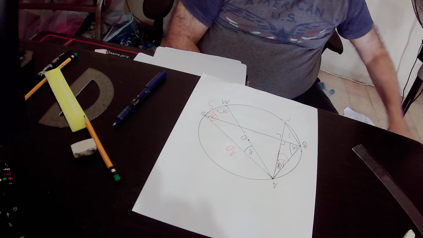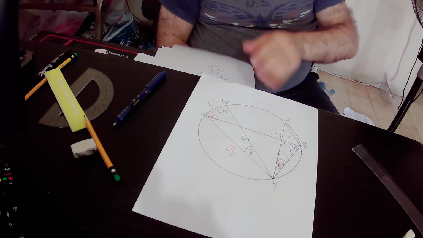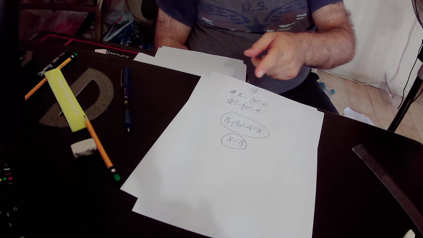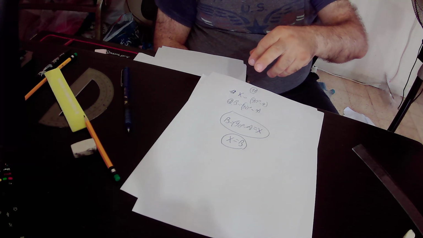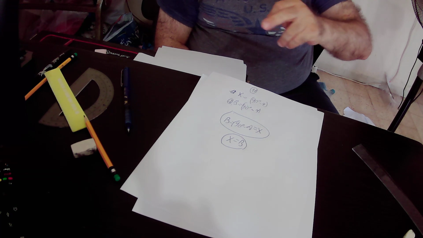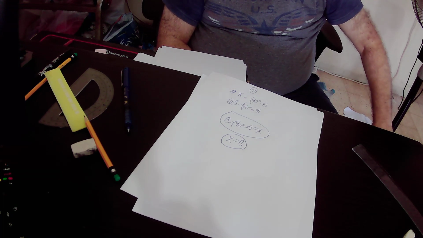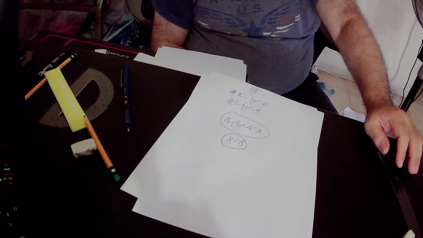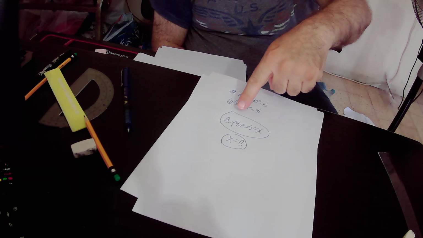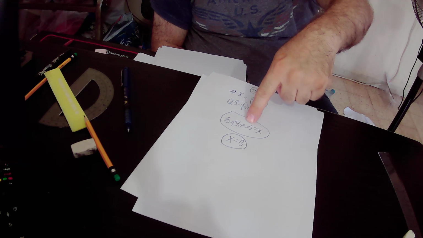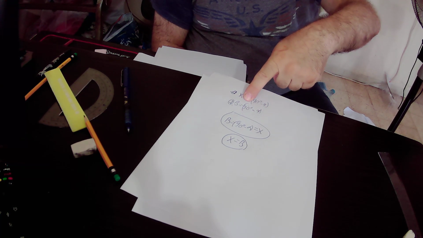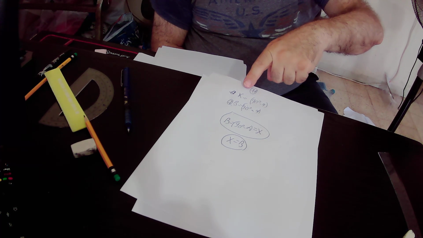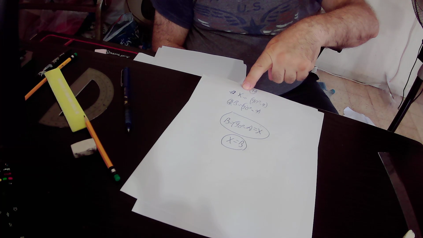So equation number 2 states that x equals 90 degrees minus alpha, but for equation number 1, we have already known that beta also equals 90 degrees minus alpha. So we can integrate those two equations together. Beta equals 90 degrees minus alpha is equation number 1, and 90 degrees minus alpha equals x is equation number 2.